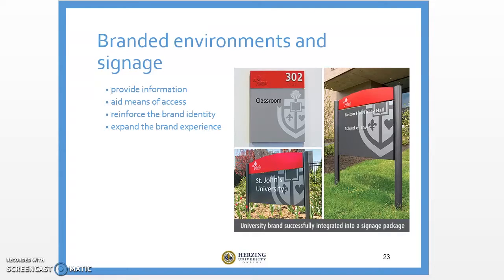So in order to guide people around to where they need to be, having a set of signage that are all branded the same or very similarly, that clearly show where people need to go, what buildings are which, what classroom is which, is an important thing, right?